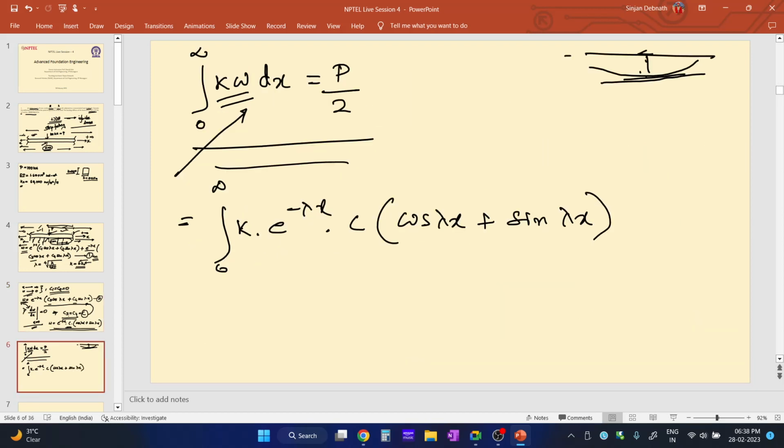If we equate this with P by 2 and solve the equation, you will get k into c equals P by 2.